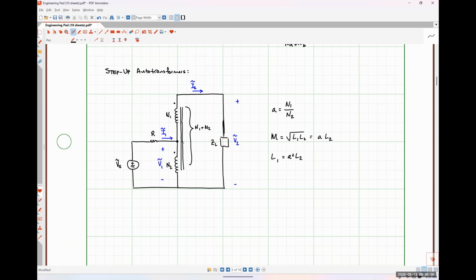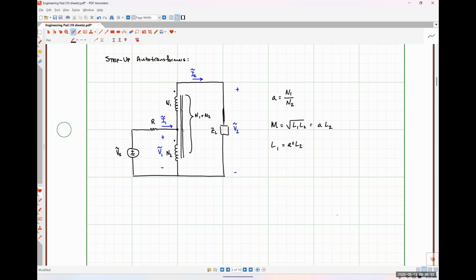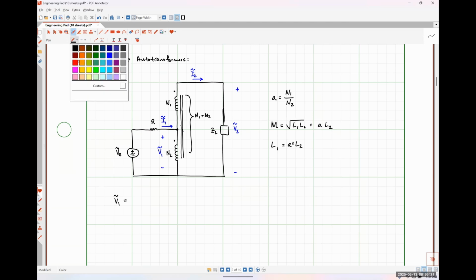So essentially what I can do here is solve for that voltage V1. Now I need to ask you guys a question.